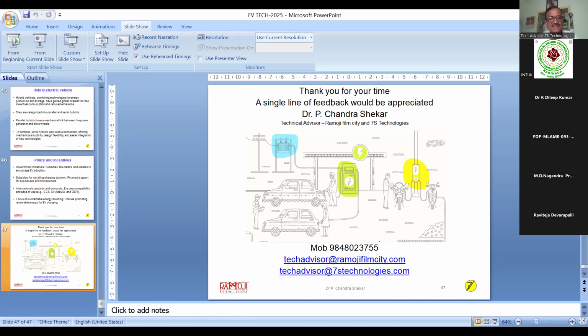That's why the Government of India is now requesting, like in Hyderabad, hundreds of apartments are there, and parking space is available. They say that at least in this area, all future new apartments should provide a charging station. Now the Government of India is giving incentives individually to those who want to install a charging station, and they are permitting it.